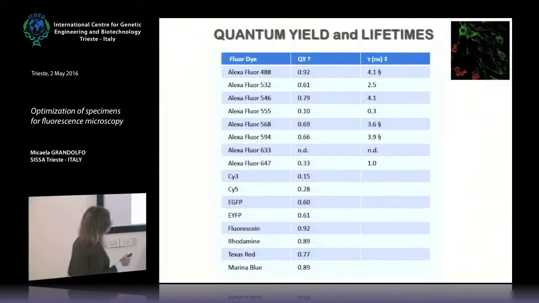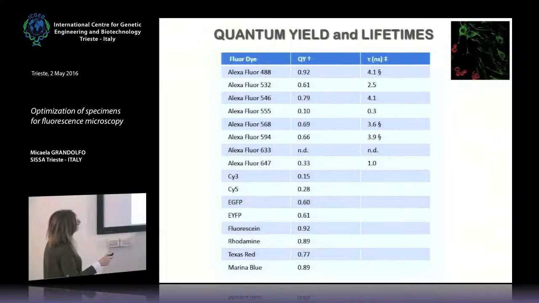But what I want to show you is this particular fluorophore, the Alexa Fluor 633, for which the quantum efficiency was not determined. So it is so low that it is impossible to give a precise number to the quantum efficiency of this fluorophore.